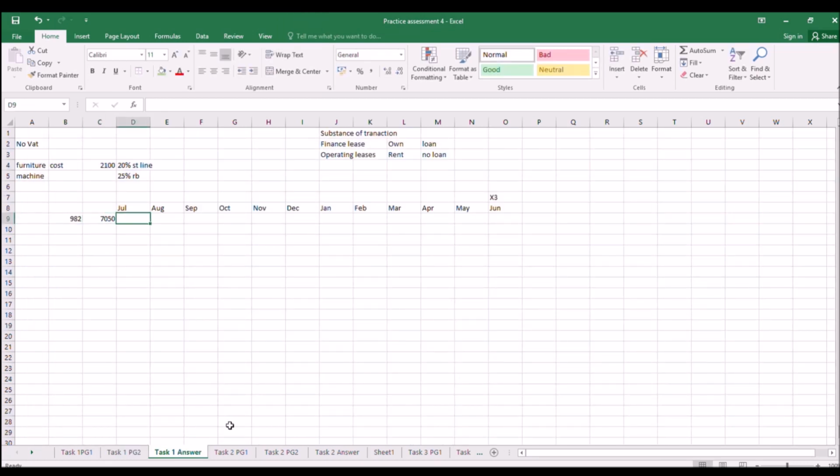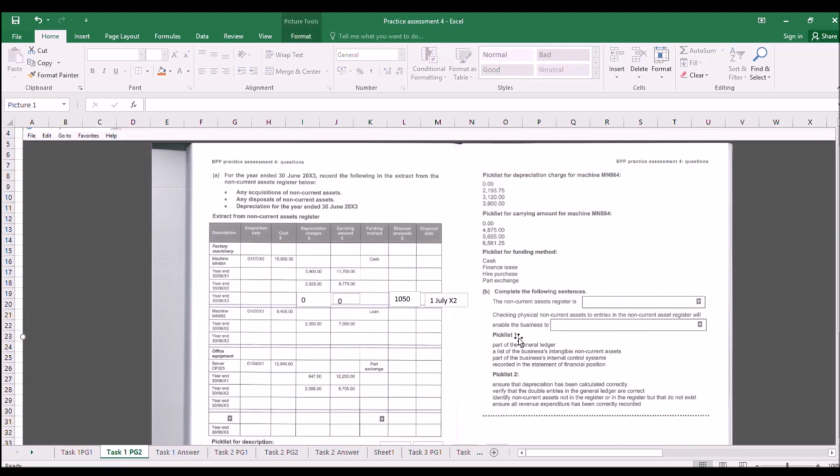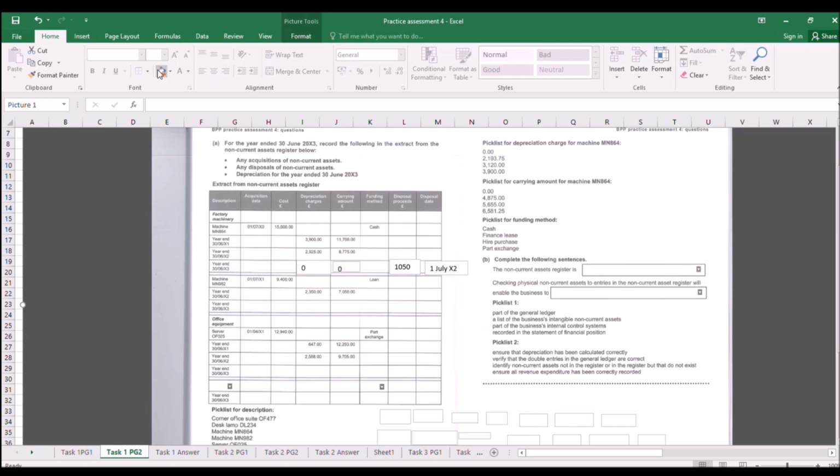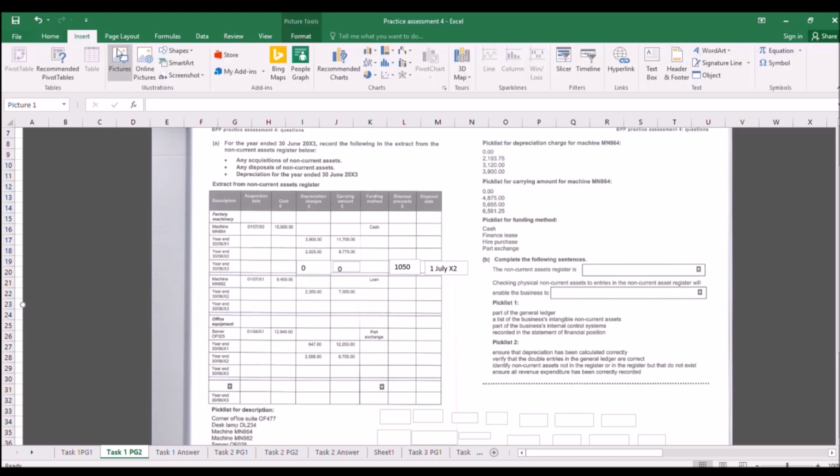7050, and we're saying that it's 25% reducing balance. So equals that times by 0.25. So reducing balance is just basically what is the carrying value in here. So let's go back, and we've got a 1762.5 to go in here. So insert our shape.